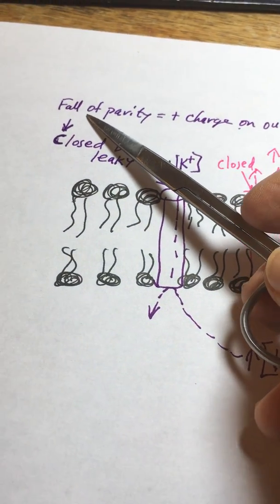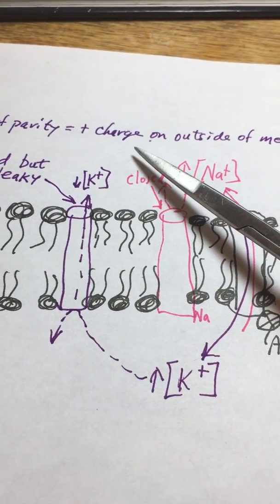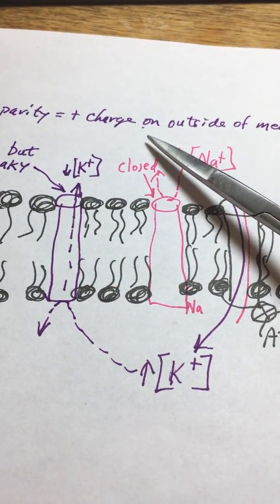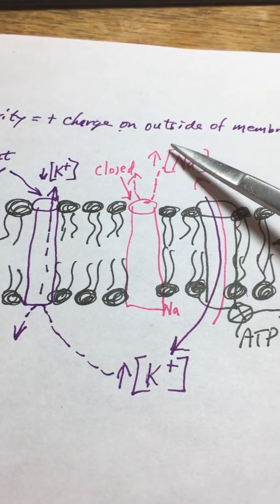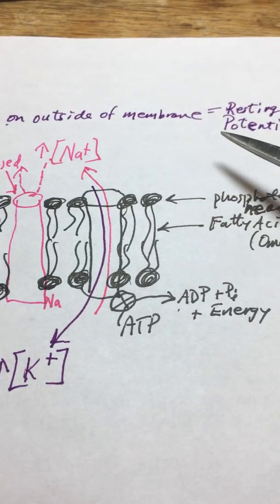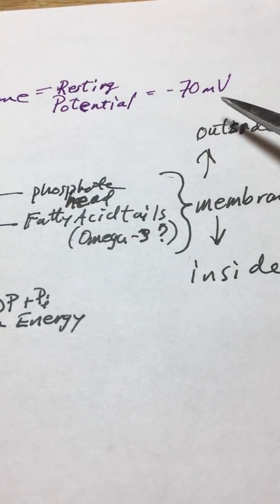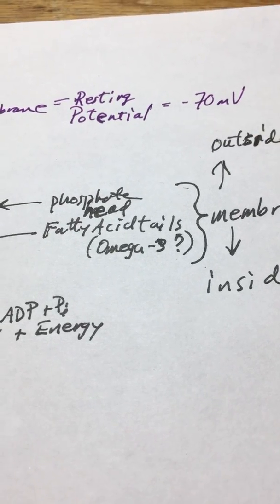And that means that we have a fall of parity. In this case, we have a slightly polar situation, an increased positive charge on the outside. This is called the resting potential, and it can be measured as minus 70 millivolts.